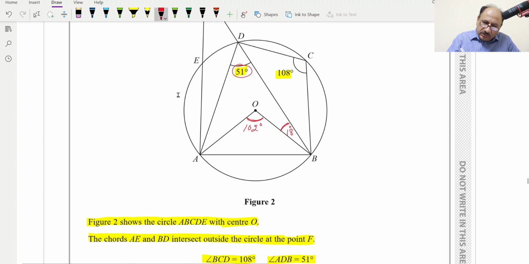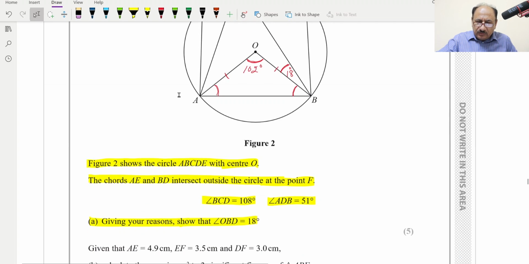Now we know that this side is equal to this side because both are the radii of the same circle. So these two opposite angles will also be equal.